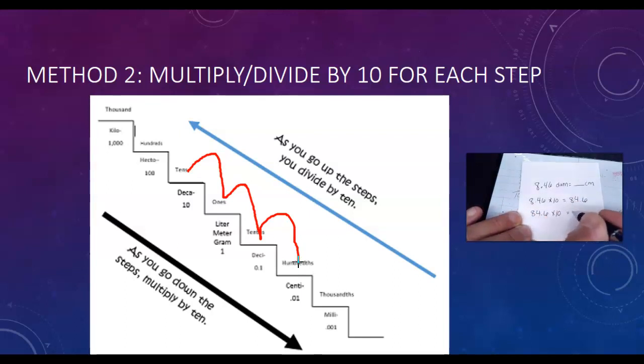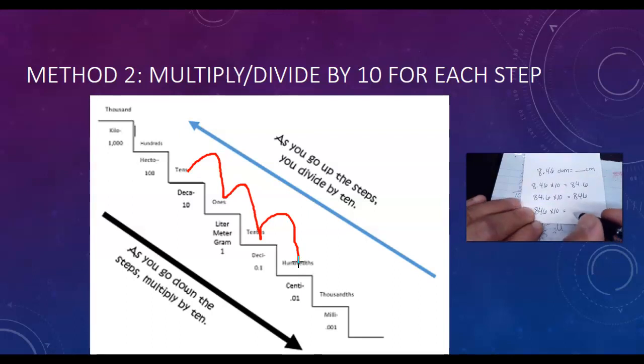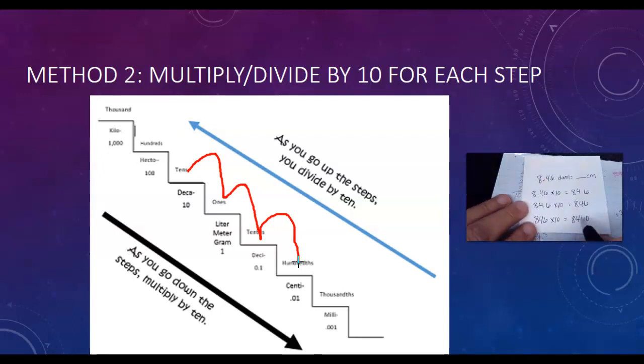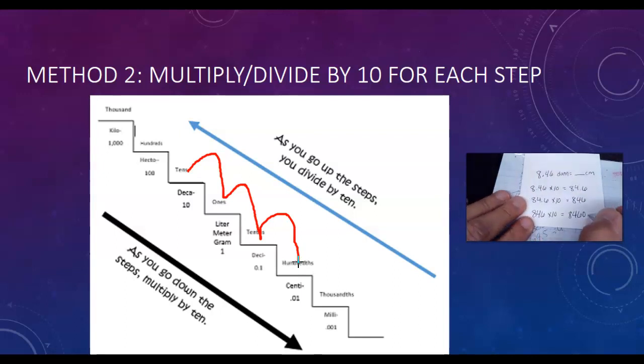That's my second step. That gives me 846. I would take 846 times 10. That's my last step, and that would give me 8,460. So there would be 8,460 centimeters in 8.46 decameters.